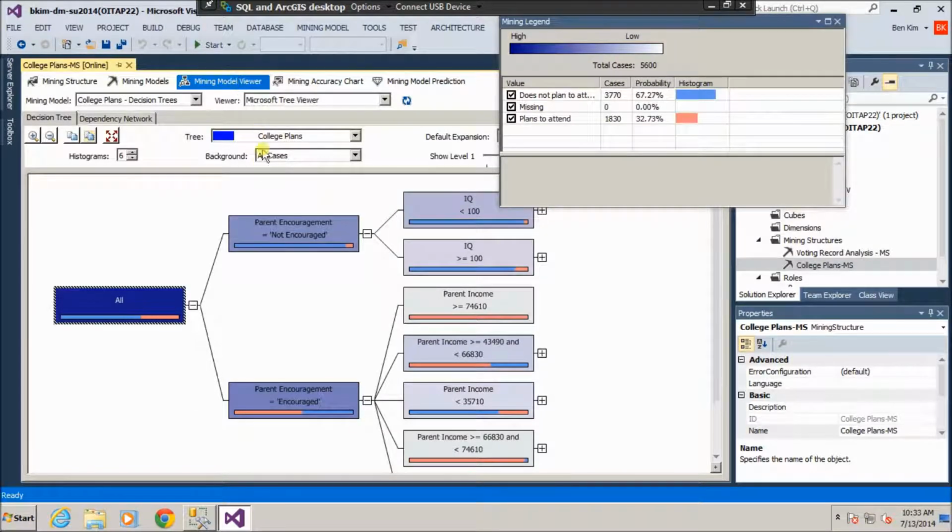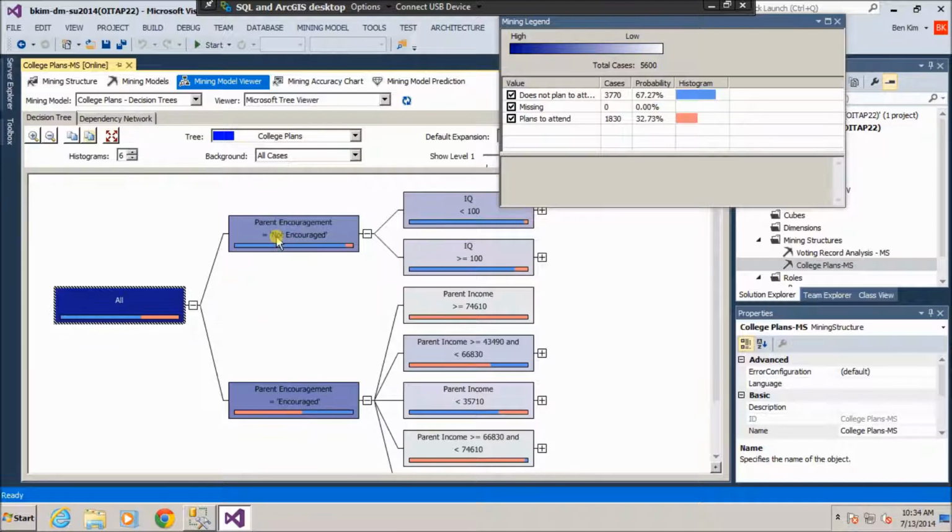So they did some number crunching. This is all the data. From all the data we have, about 67% not going to college, about 32% actually going to college. And remember we did some entropy and information gain in the conceptual part of the discussion about decision trees.